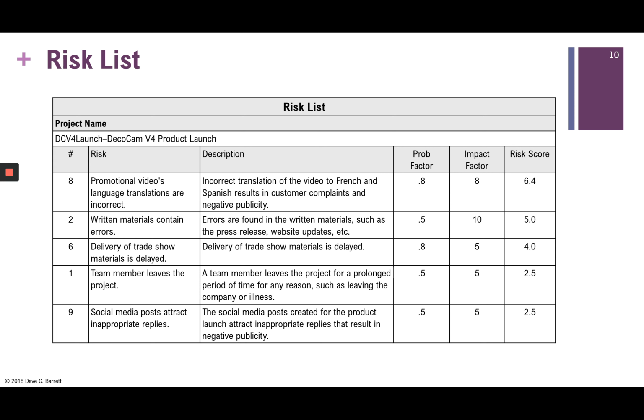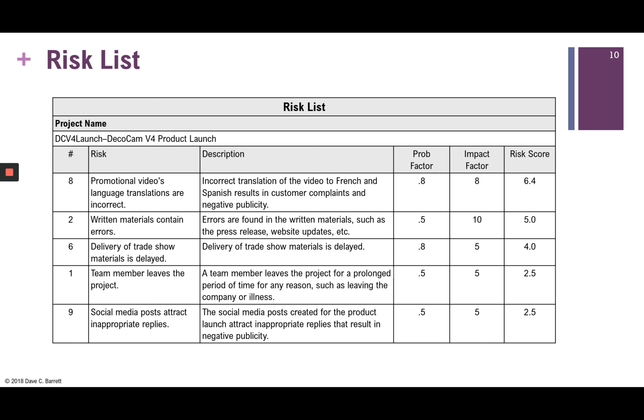And if we look at the resulting table, the highest risk identified was actually number 8 on the whiteboard of the case study. Risk number 8 was that the promotional video's language translations are incorrect. Notice the description is a little bit more broad: incorrect translation of the video to French and Spanish results in customer complaints and negative publicity.